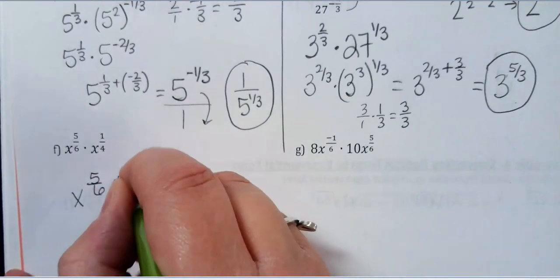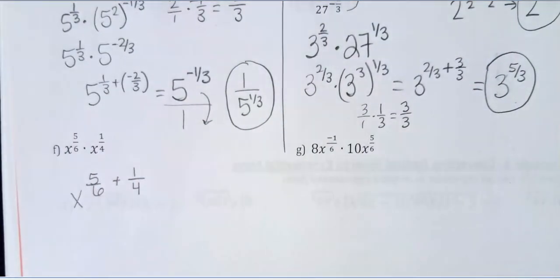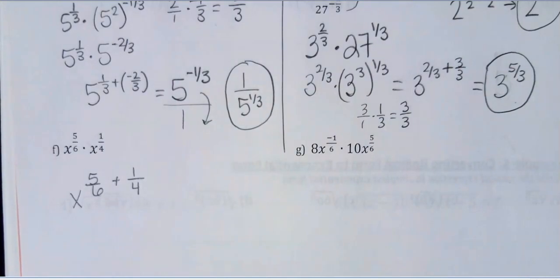Problem here is I do not have a common denominator. And in this case, I can't multiply 4 by something to get 6. That would be a nice number. So we've got to change both fractions to get a common denominator. What common denominator would you use between 6 and 4? 12. Okay, good. Let's use 12.